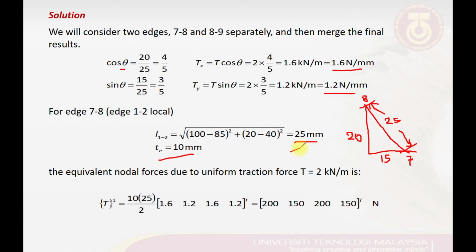Substituting all this information that we have calculated earlier into the equation, we find the equivalent force at node number 1 in the x direction and in the y direction, and similarly for node number 2 in the x direction and in the y direction as well, which is given by this value.